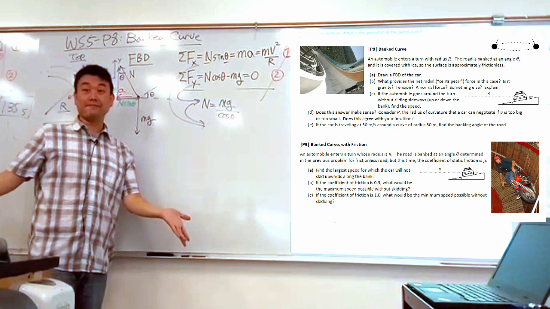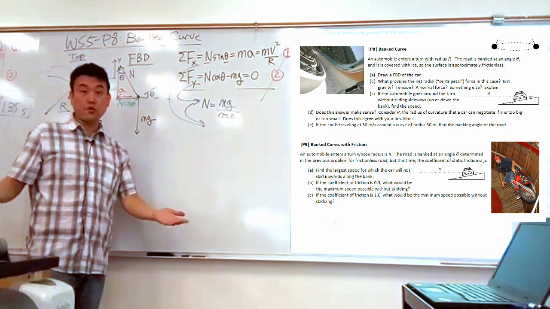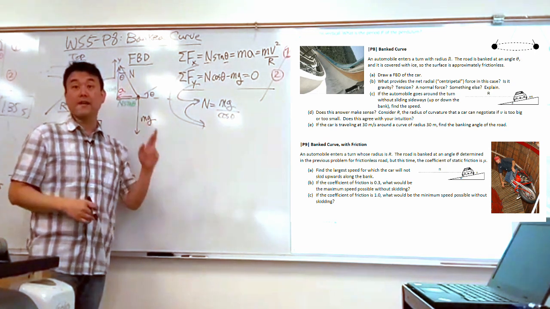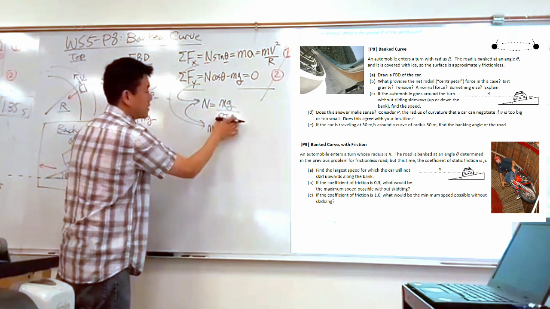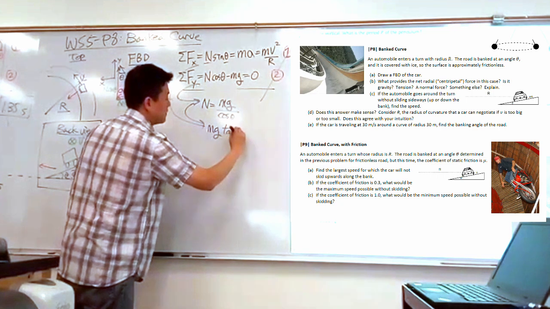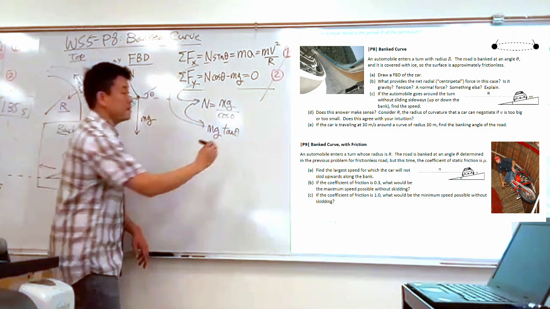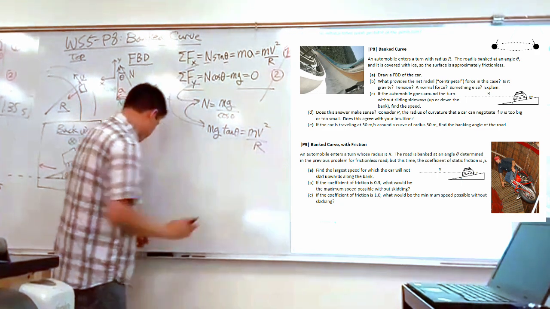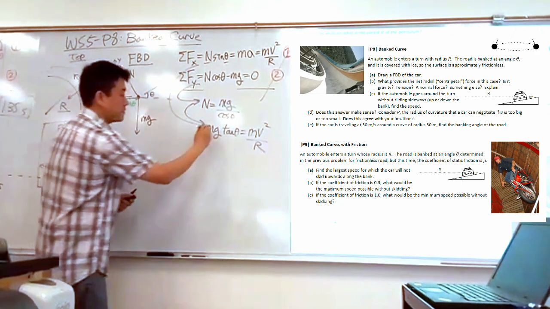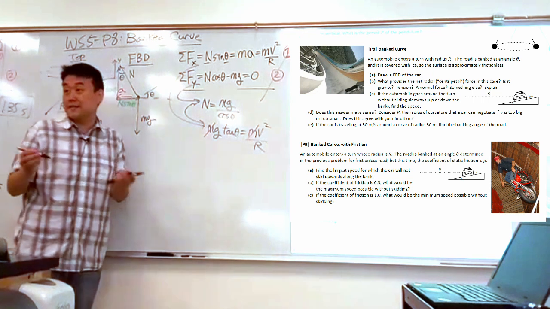So that's tangent theta. That's the single trigonometric function I was hoping I would get, and I did. So I get mg tangent theta is equal to mv squared over r. And the masses cancel. Good, because the mass of the car wasn't given.